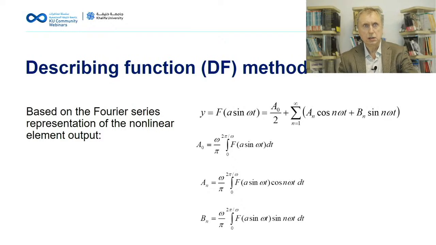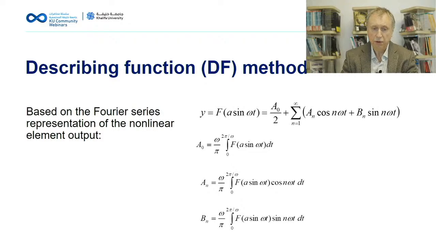In this case, we can simply ignore the fact that the signal y is not a harmonic signal, because all high harmonics might be, under certain conditions, filtered out by the linear part of the system. In the describing function analysis, we essentially track or trace the propagation of the first harmonic in the signal.